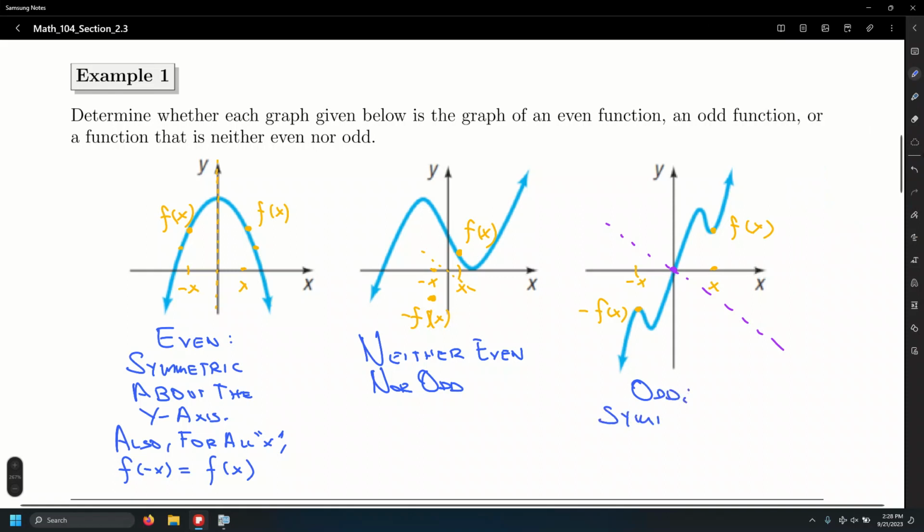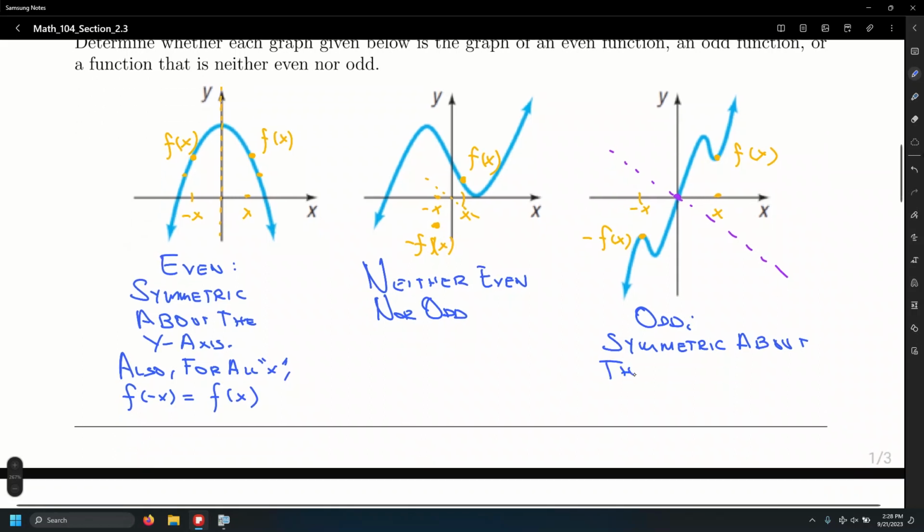Symmetric, that's because it's symmetric about the origin. Also, for all x, f of negative x, if we change the sign of f of x, that outputs the negative value of the function, which is the case right here.